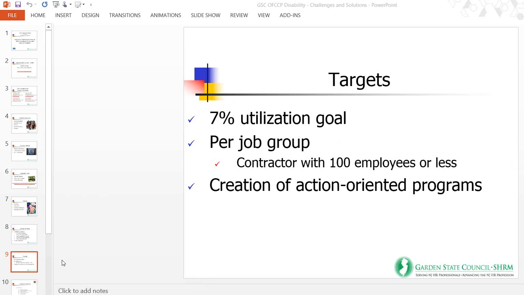It's also possible that for certain areas, I was talking with a client yesterday where they were having difficulty hiring for a very specific area, and it's hard enough to find someone with the skill set, let alone trying to attain the utilization goal within the job category.